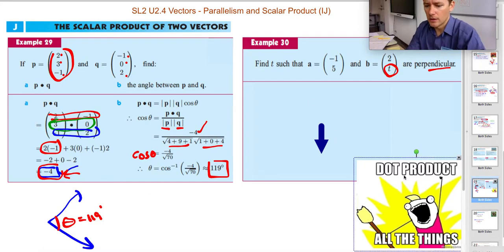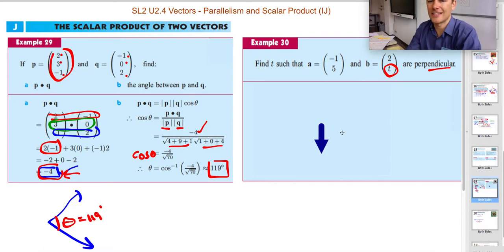Great, fine. With this, if A and B are really perpendicular, here's A, here's B, this is kind of theoretical.